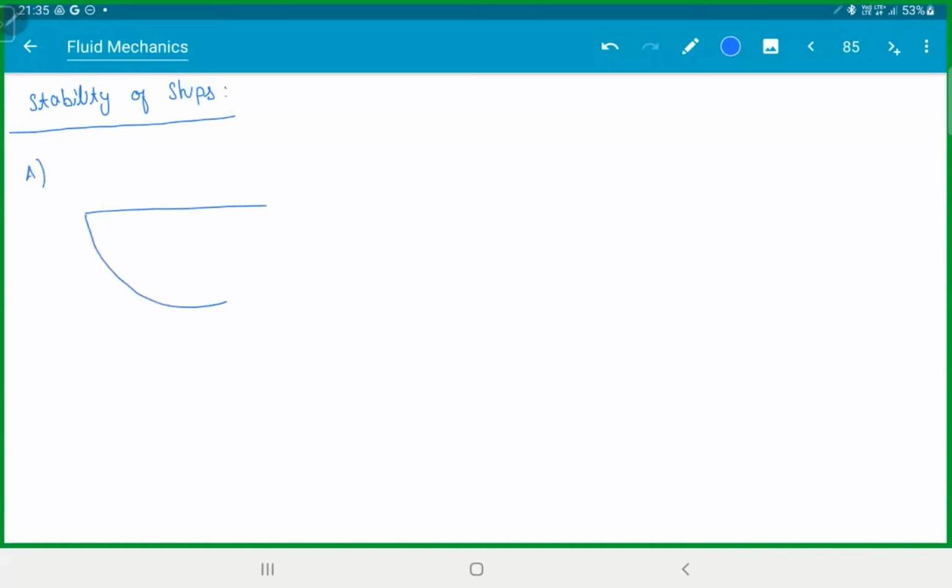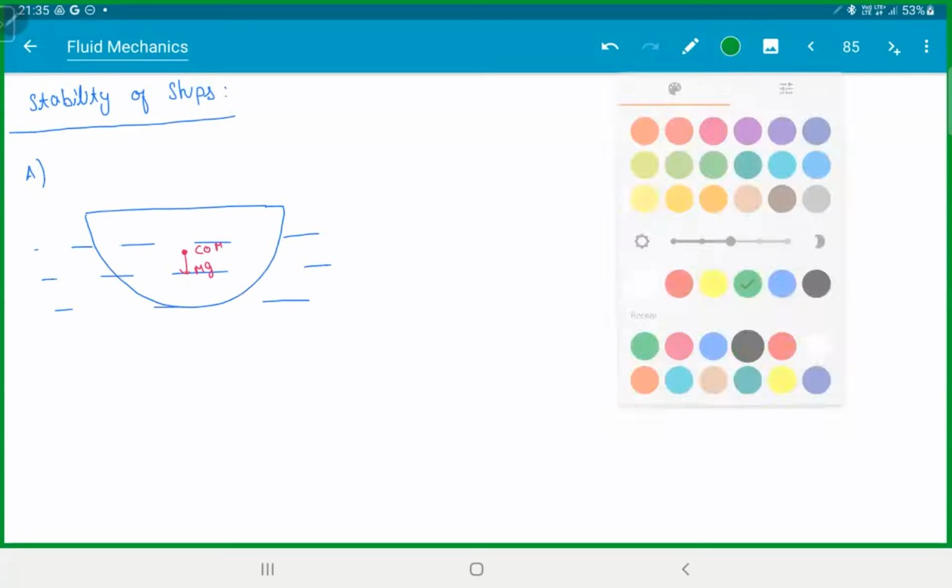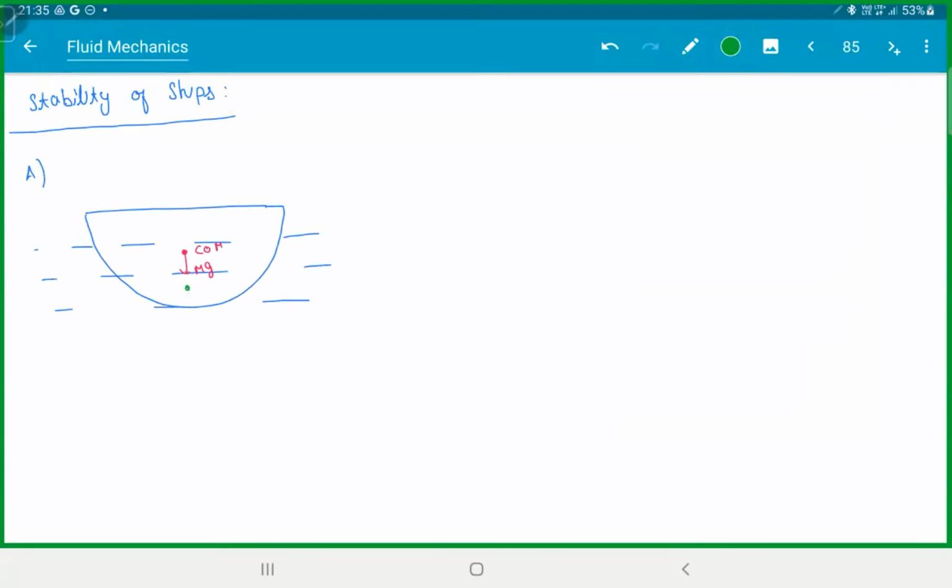So you have a ship here where the center of mass is, let's say, somewhere here. Means mg will act here. And let's say the center of buoyancy is somewhere here. This is the center of buoyant force.